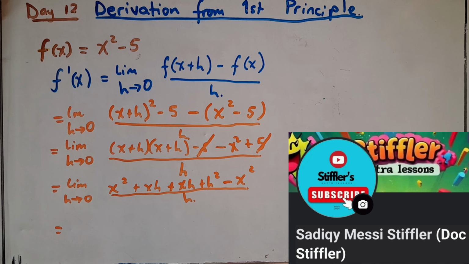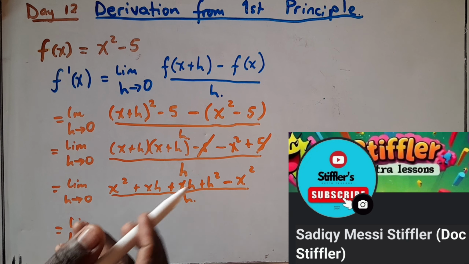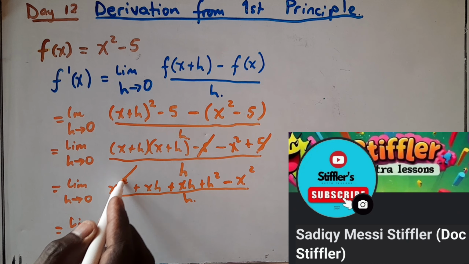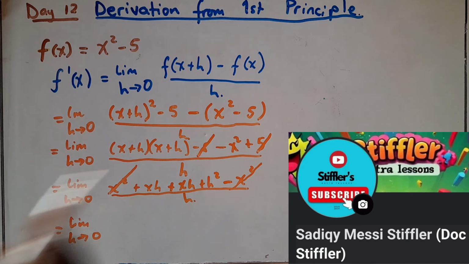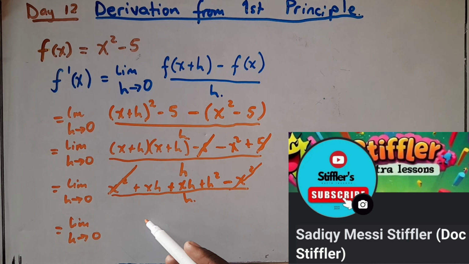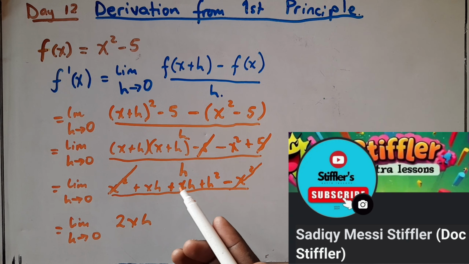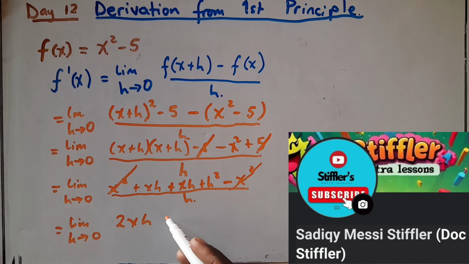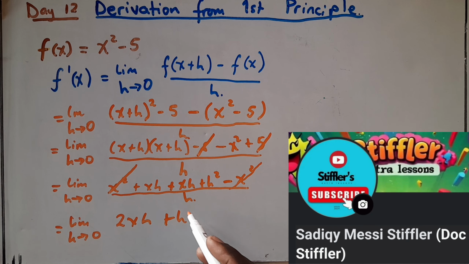Still we can continue. So this is our limit when h tends to 0 of what now? We are having x squared and negative x squared, so this also can cancel out. And we're having xh plus xh, that will just give us 2xh, and then plus h squared.